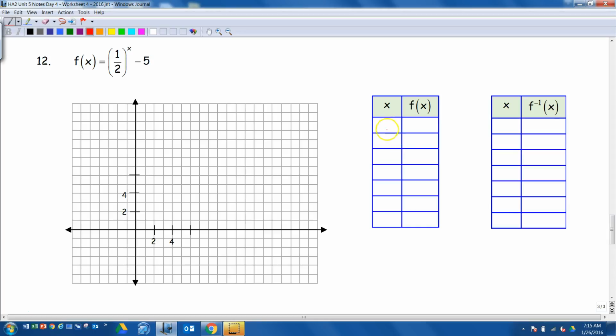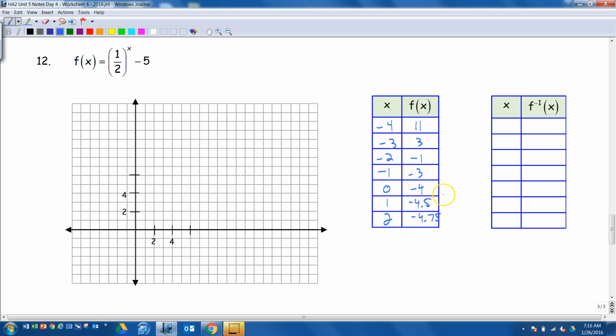Let's see, we have -4, -3, -2, -1, 0, 1, 2. When I graphed that, oh, I should change the color. I did all these in blue. So I'll use blue for the original. This is 11, 3, -1, -3, -4, -4.5, -4.75.